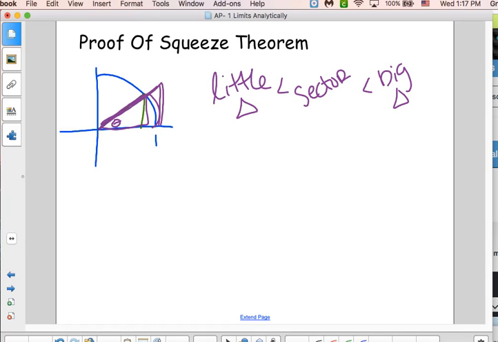Since we're on a unit circle, any point on a unit circle has an ordered pair. Do you guys remember what that ordered pair is? Cosine, sine. So it's cosine theta, sine theta. I'm going to abbreviate just for space. Using geometry, we can actually get a lot of these areas. How do you find the area of a triangle?